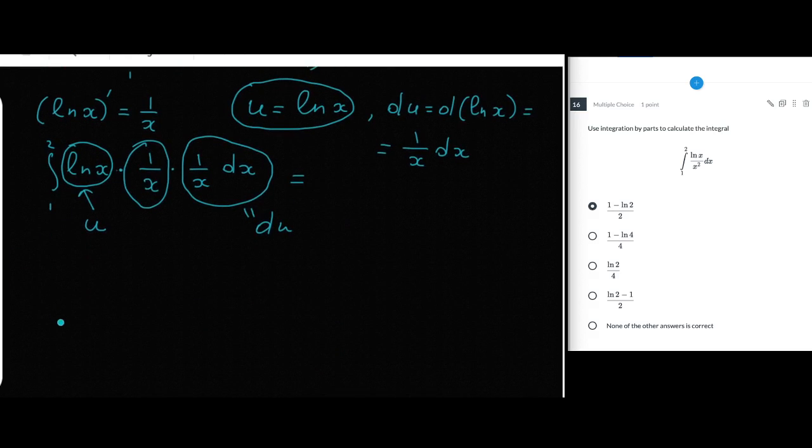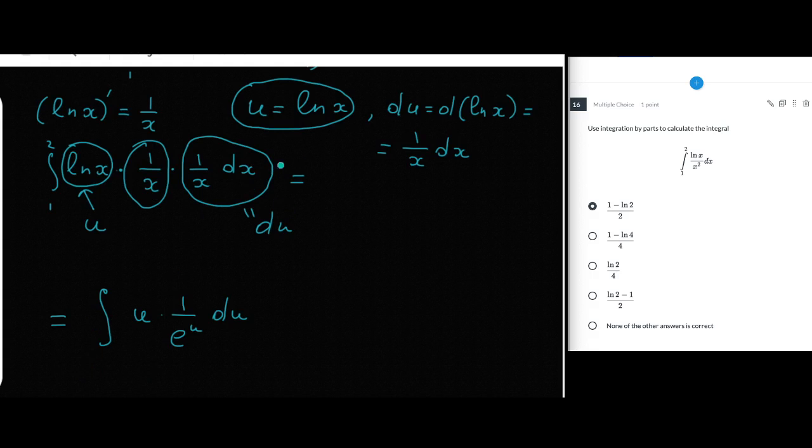In other words, making this substitution would give us the integral of u times 1 over e to the power u du. And we would have to integrate from, well, let's see.